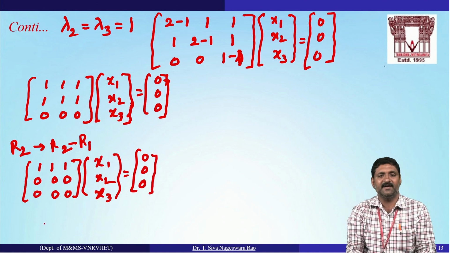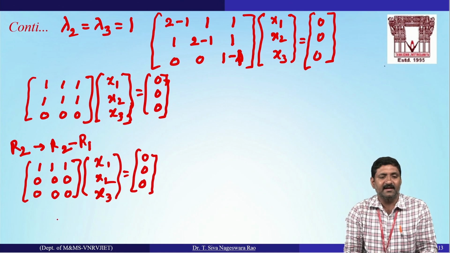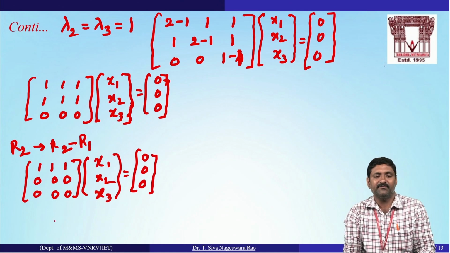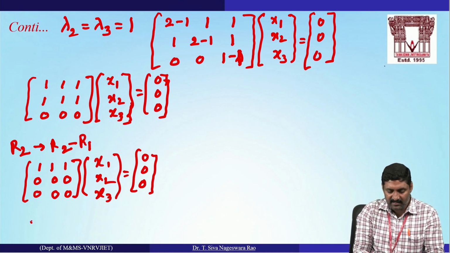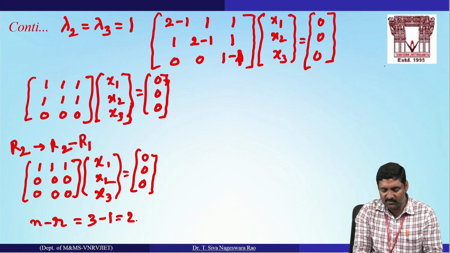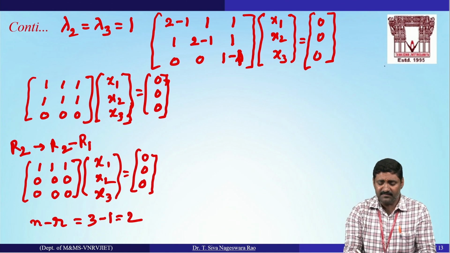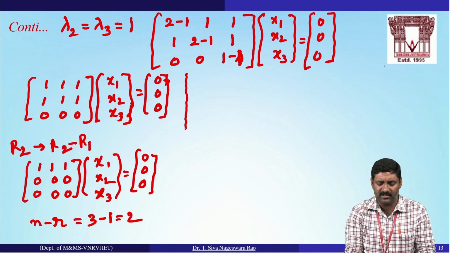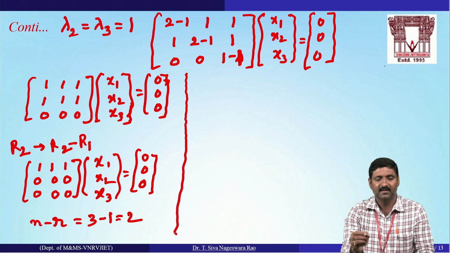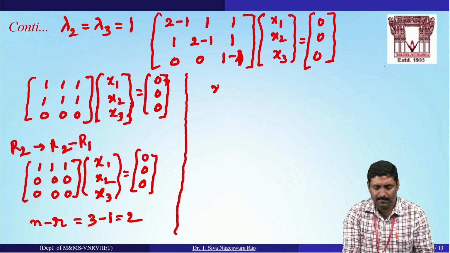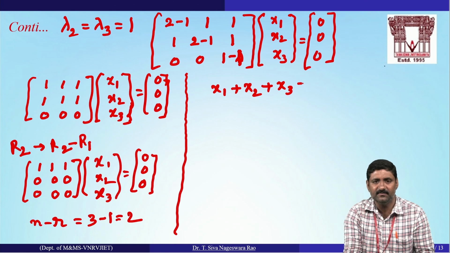If you observe this matrix, clearly the rank is 1 but the number of unknowns is 3. Therefore n minus r is equal to 3 minus 1 is equal to 2. We will introduce two arbitrary constants. From this matrix system I am going to write the equation x1 plus x2 plus x3 is equal to 0.